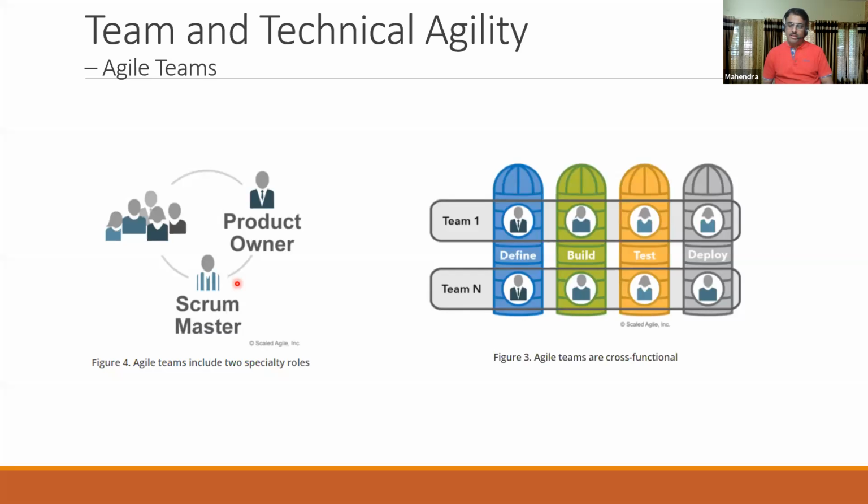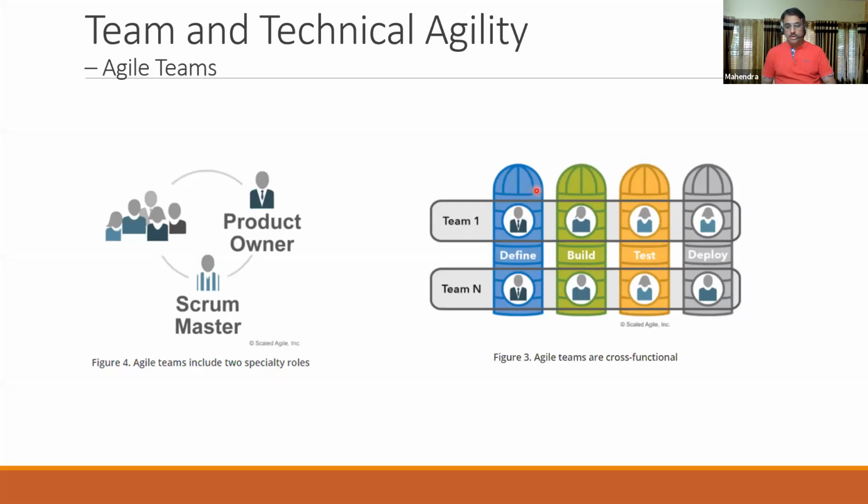And the teams need to be cross-functional. The teams need to be self-sustained and cross-functional. They should be able to define, build, test, and deploy as an individual 7 to 8, 9, or 10 member team. This is fundamental.